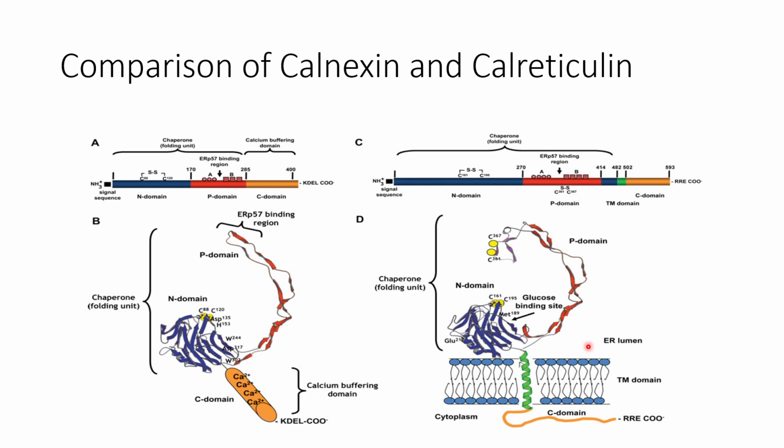Now we will understand some of the structure of calnexin and what the differences are between calnexin and calreticulin. Let us start with the N terminal also. Calnexin also has a signal sequence which directs it towards the endoplasmic reticulum, and it also has an N domain. In the N domain, cysteines are present at 161 and 195.